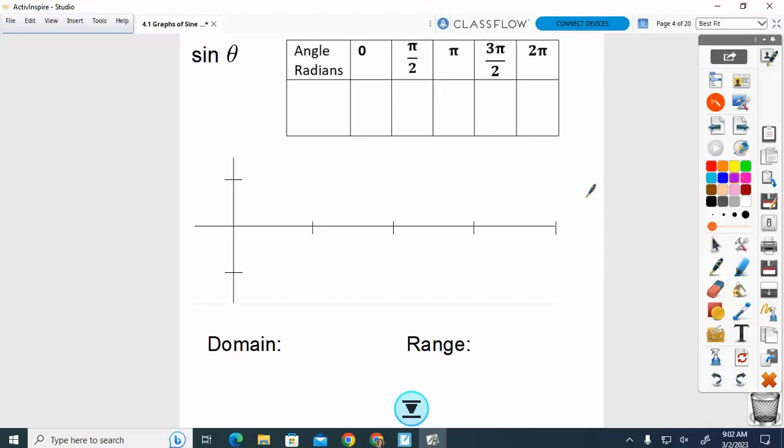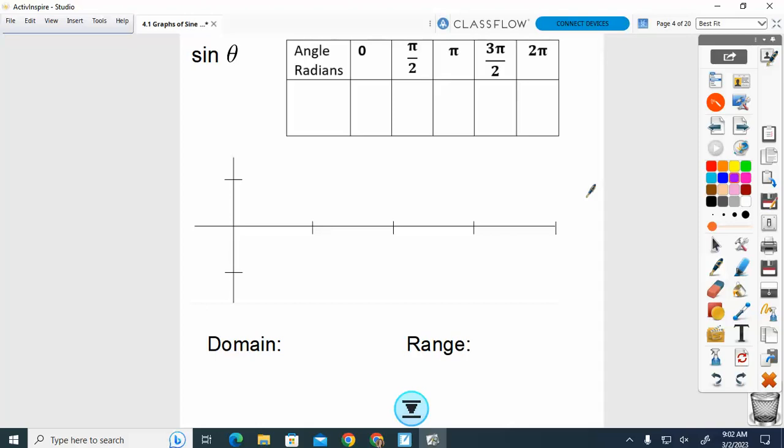So let's go to our little handout, and we're going to figure out what the graph of sine looks like. Just like anything else, if you don't know what the graph looks like, in algebra, every time we graph something, we would make a t-chart to figure out what our graph looks like. So that's essentially what we're doing here.